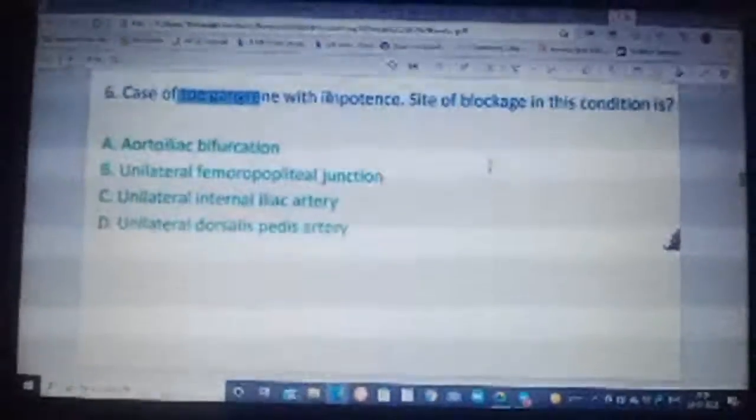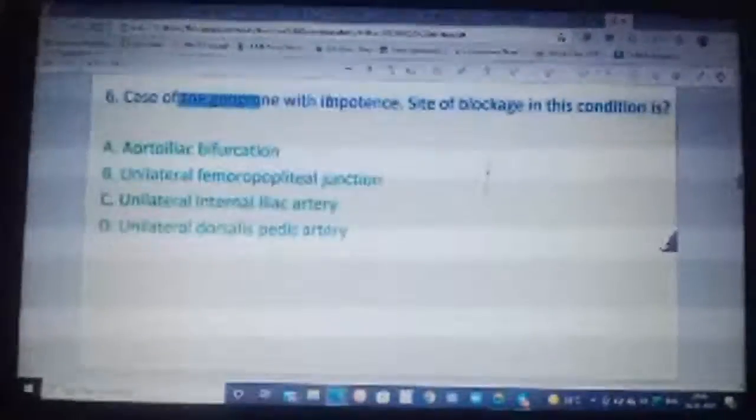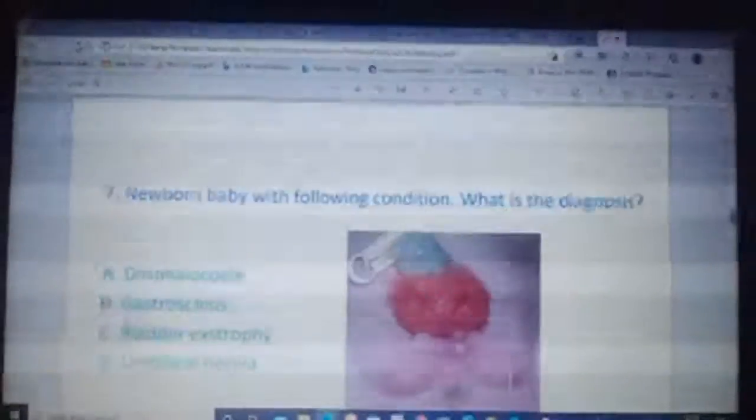So here the dorsalis pedis, the internal iliac artery and the femoropopliteal artery come under the aortoiliac segment, and the largest vessel is the aortoiliac bifurcation. So the answer here will be aortoiliac bifurcation.